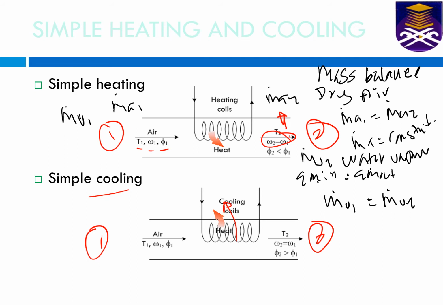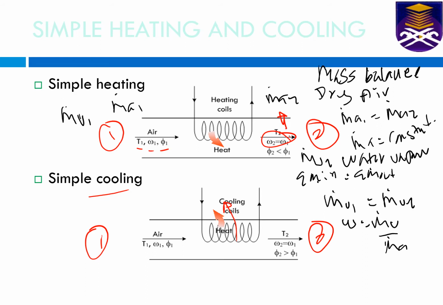So m dot v1 is equal to m dot a omega 1, which is, we know that omega equal to m dot v over m dot a.